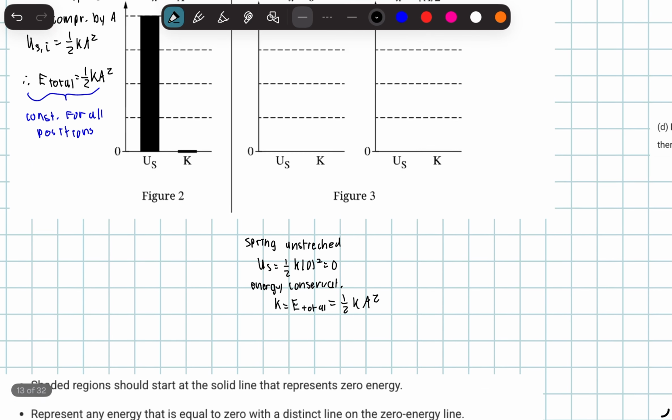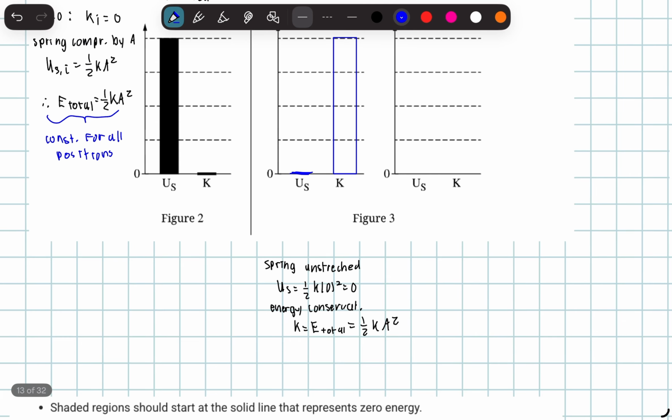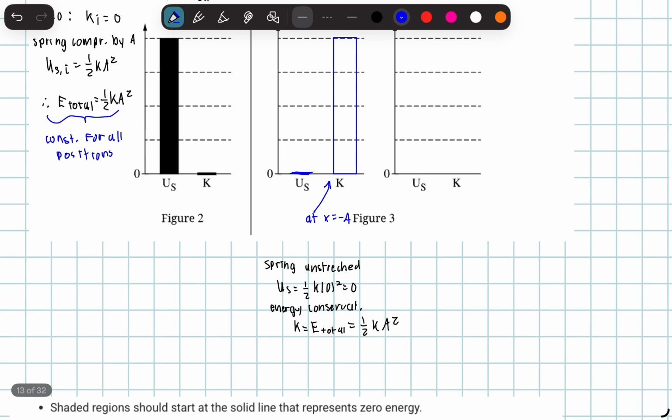So what we can draw is the potential spring energy as a horizontal line at 0, and our K bar is going to be a bar that is the same height as the original bar, but just at x is equal to, oh, not at x is equal to negative a, x is equal to 0.